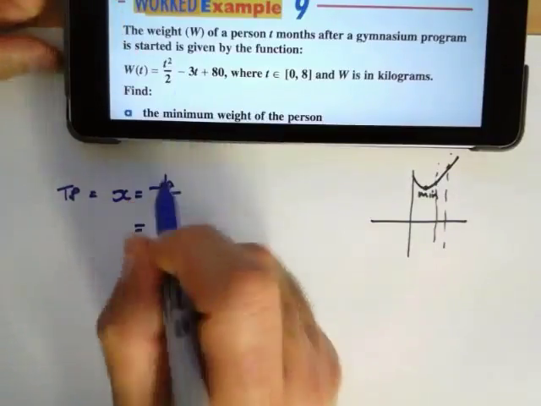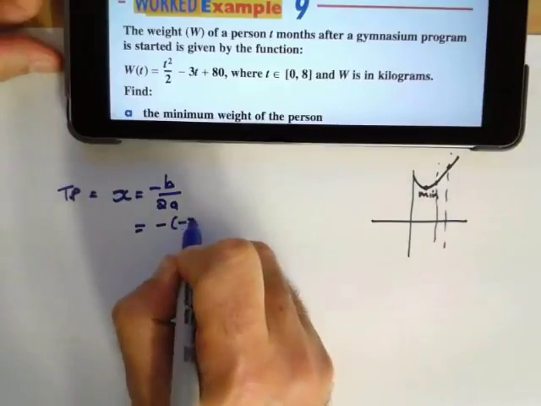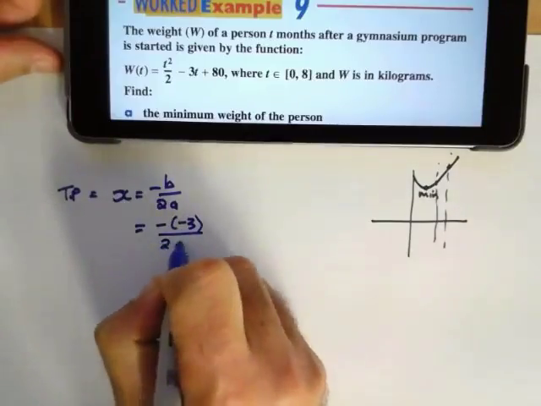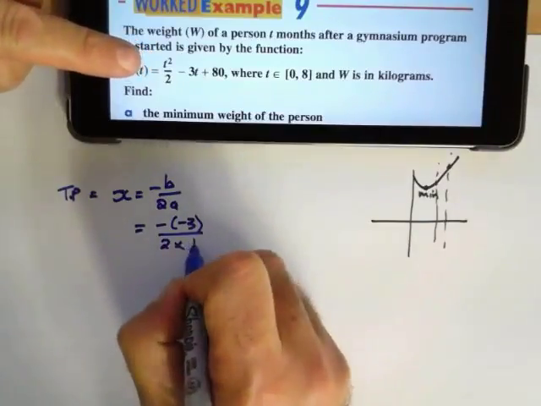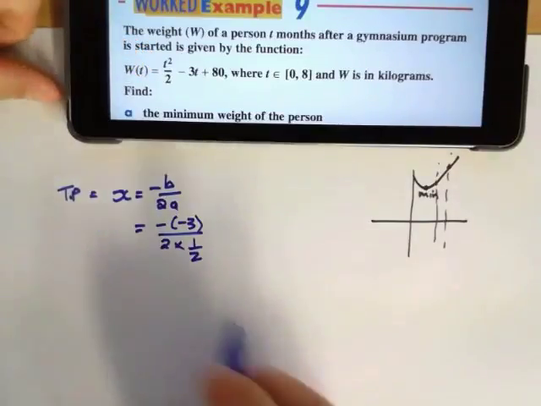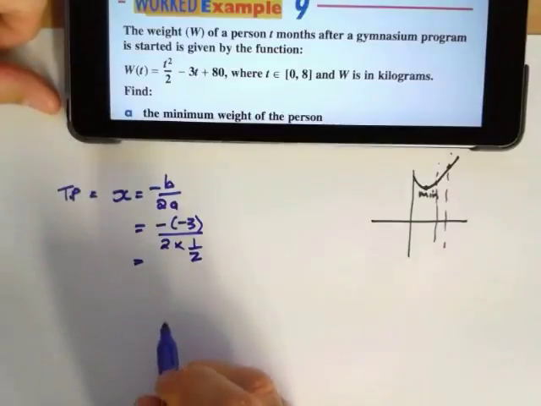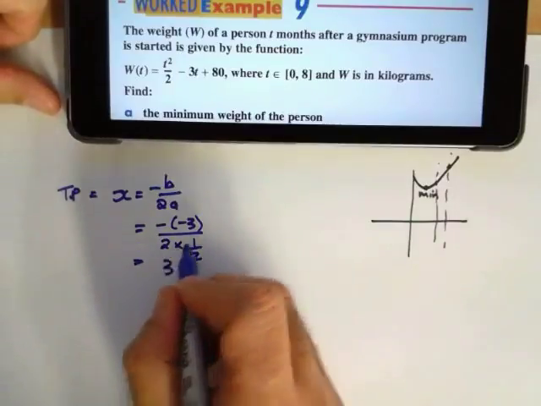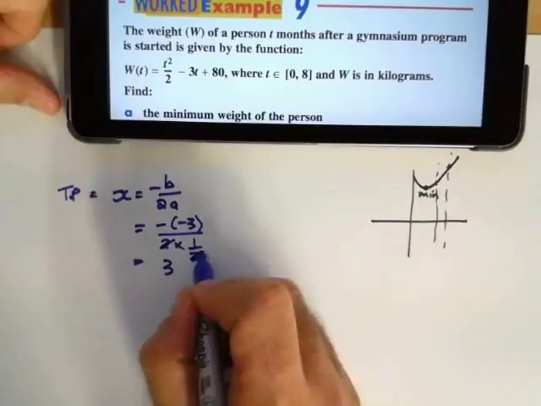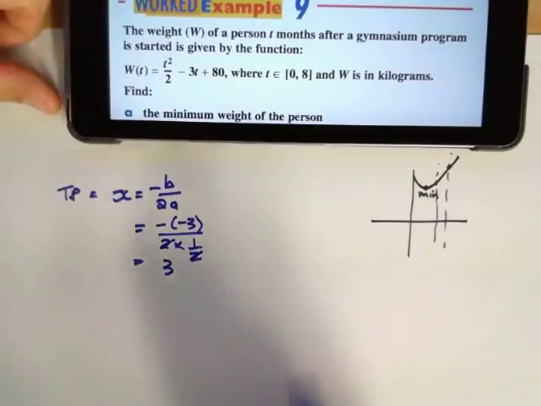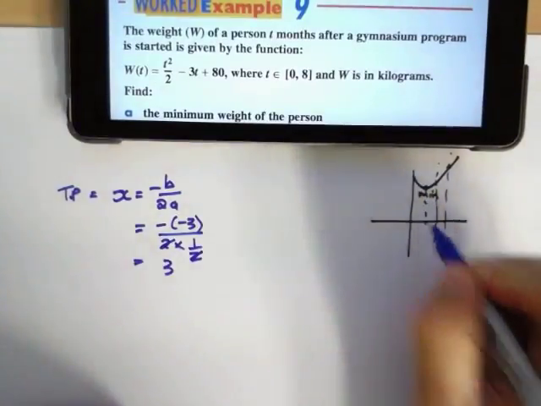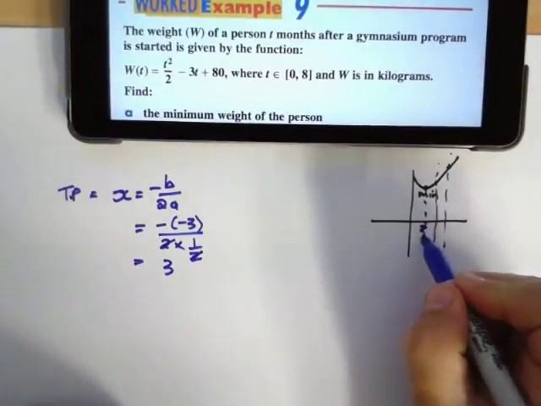Negative b is negative 3 over 2 times my a value, which is 1 over 2, a half. A negative times a negative is a positive 3. 2 times a half is 1, so that is 3. So my x value is 3, which means on my graph that is 3.